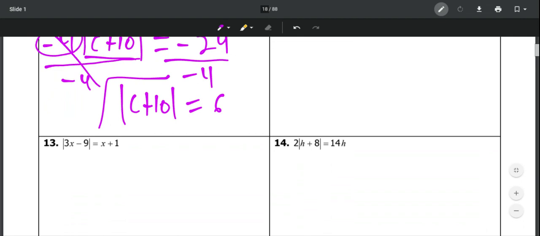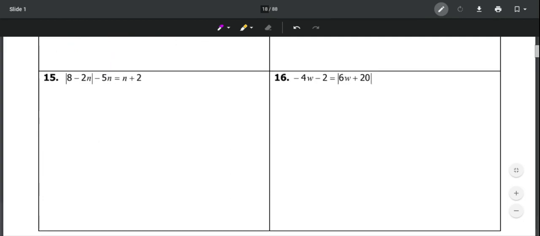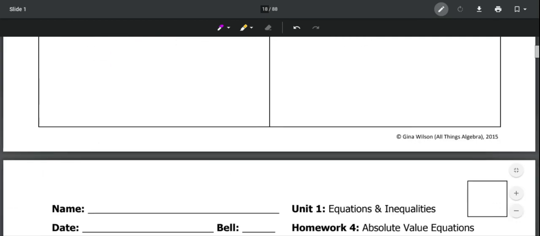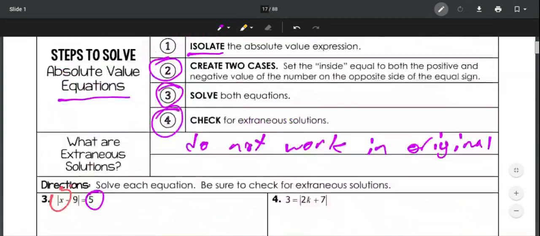Now that you've got it here, the absolute value is isolated. It is by itself on the right side. And then you can make your 2 cases: bring out the inside, put it here, and then bring that down, make it a negative, bring it here, and it'll be a positive, and then you'll just work through solving it. Yeah, that is it for absolute values.